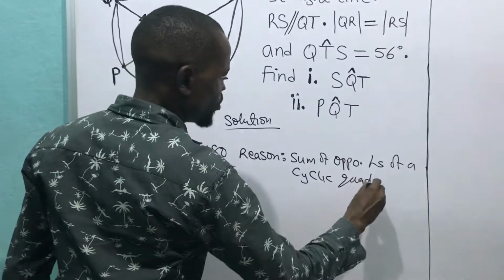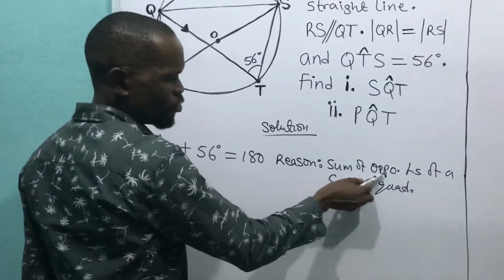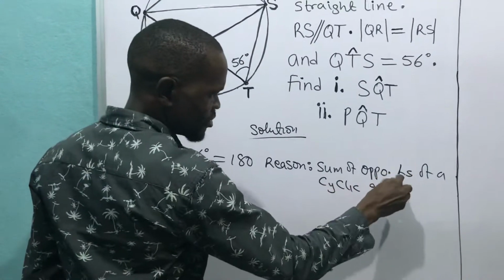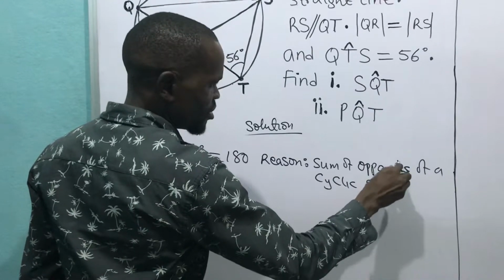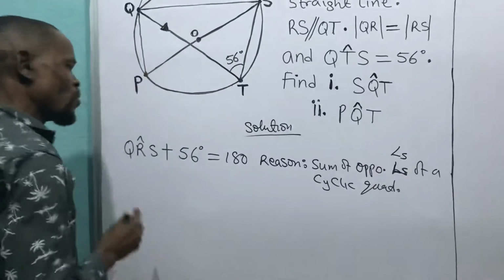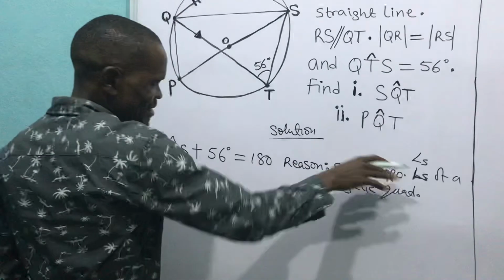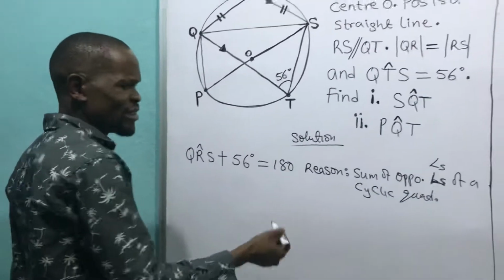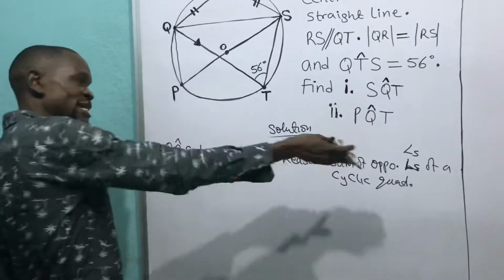Sum of opposite angles, of a cyclic quad. And who said this? I can't just formulate it. It's the theory that said it. That's why I said who said that.